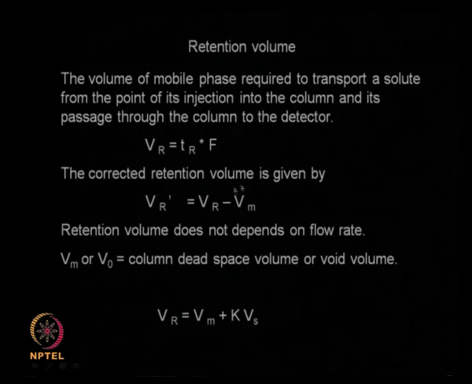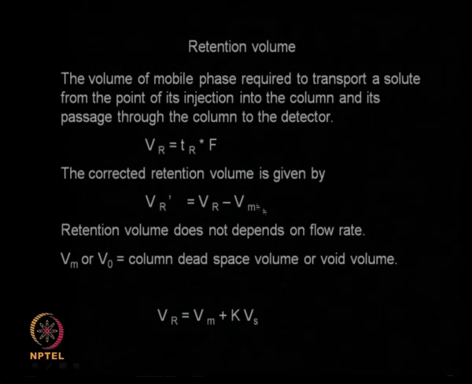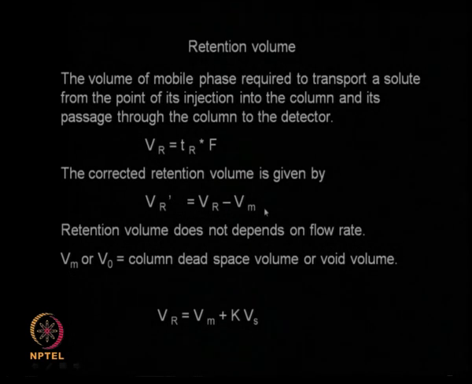Now the corrected retention volume, just like we did corrected retention time, we need to also subtract Vm. This Vm relates to the dead space volume, or the void volume. So Vr is equal to Vm plus K into Vs.